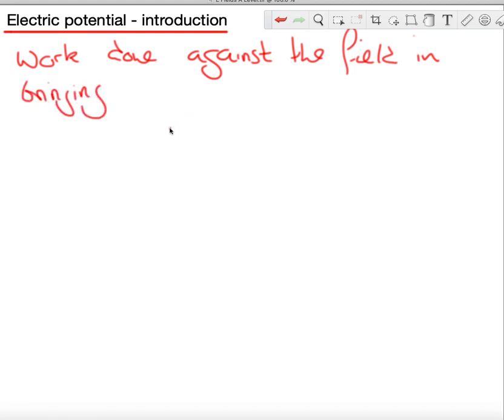Here we're going to talk about 1 coulomb, but we have the option of either positive or negative in defining this. So it is defined as the work done against the field in bringing plus 1 coulomb from infinity to the point.